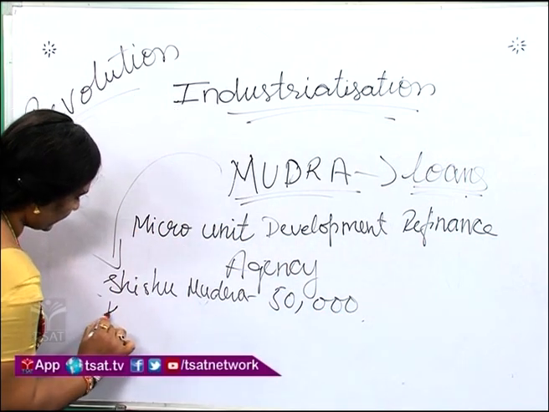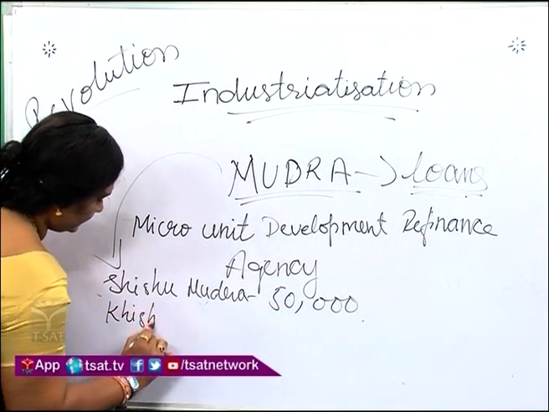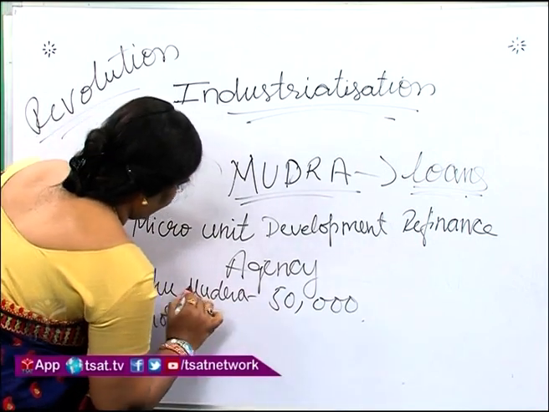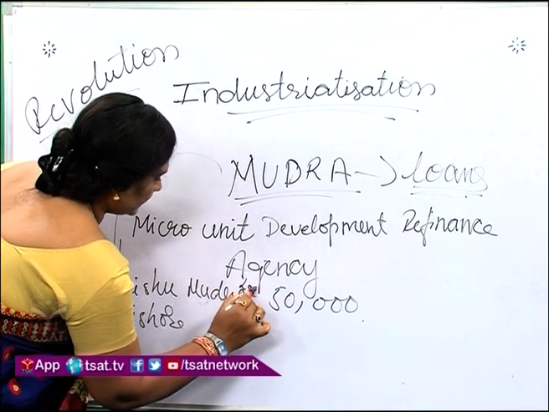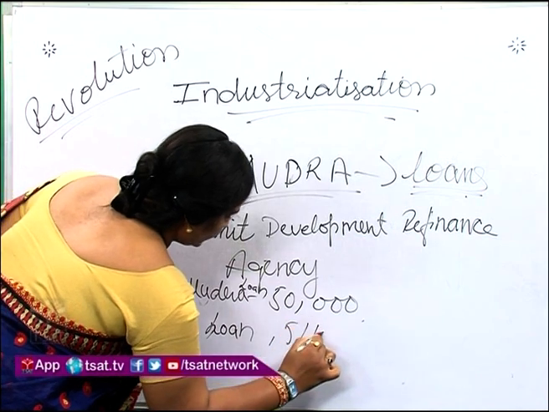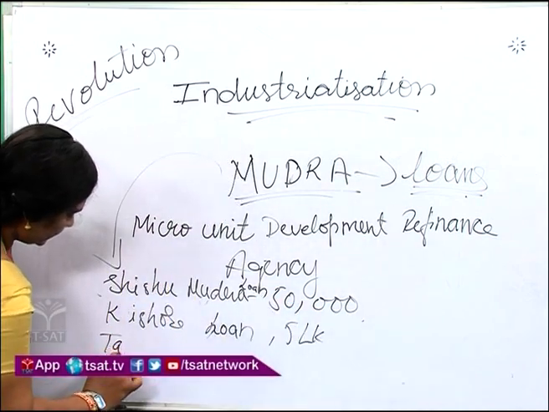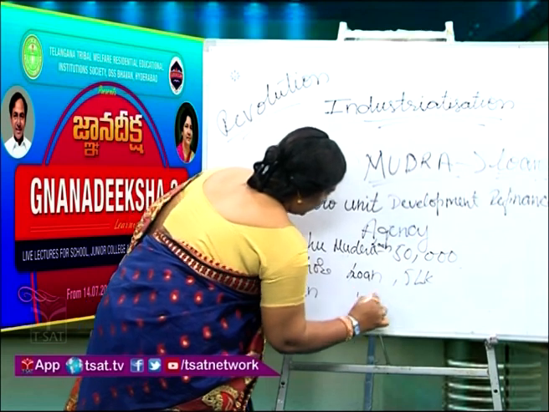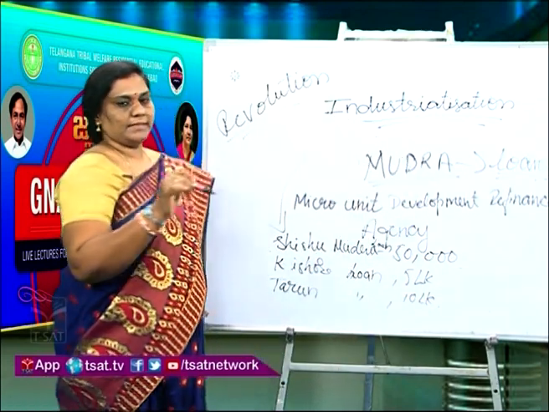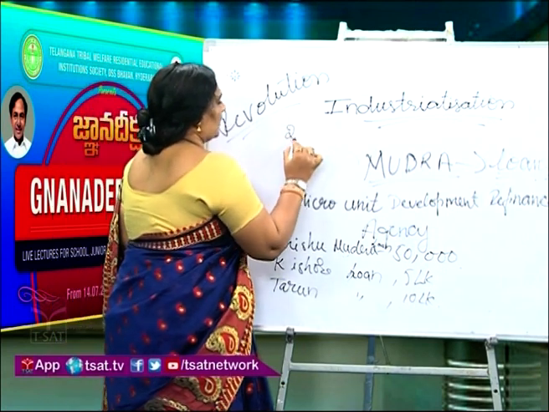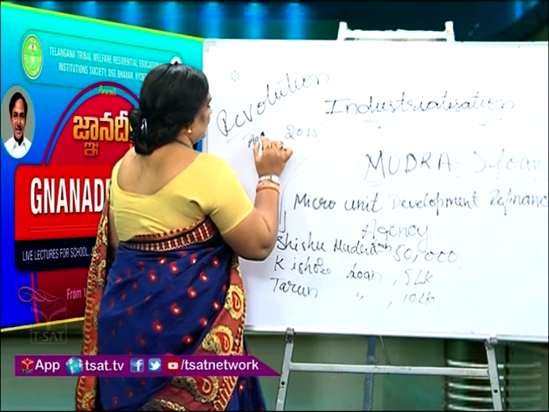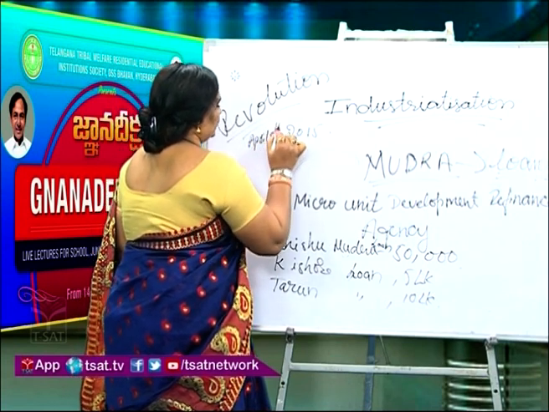Then Kishore, here you will be getting 5 lakhs, and Tarun, here you will be getting 10 lakhs. It was implemented in the year 2015, on April 8th.